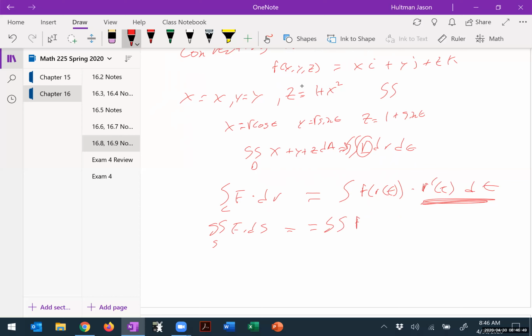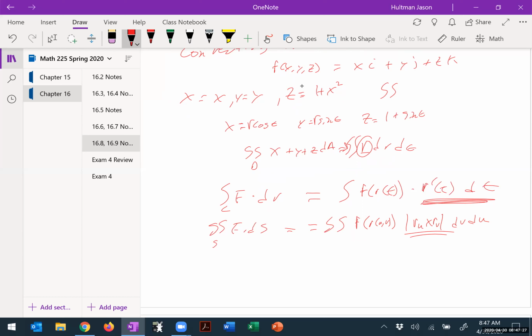Which is F of r of uv, and then it was the magnitude of r_u cross r_v, and then this would be dv du.